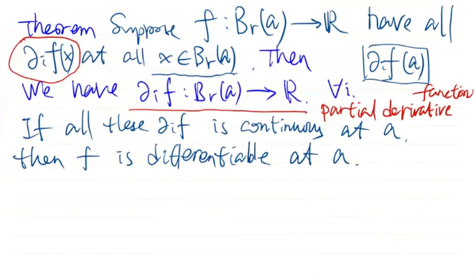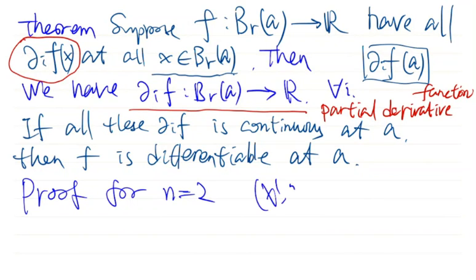To prove this theorem, for simplicity of notation, we prove it for the two-dimensional case. In two dimensions, x1, x2, we denote by x, y. So for the proof of this theorem, we consider the two-dimensional case.